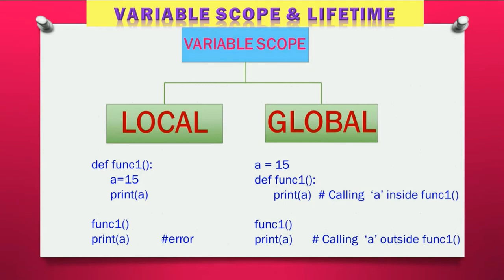Inside function 1, when we are calling function 1, we can print the value of a, 15. Also we can print the value of a outside the function. In this case, it will not generate an error because here a has global scope, which is available throughout the program, inside function as well as outside function.